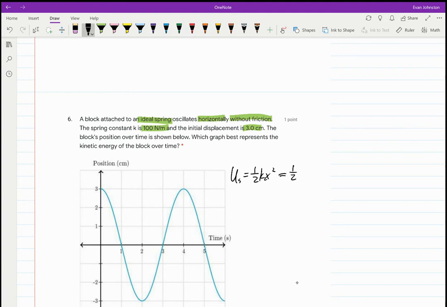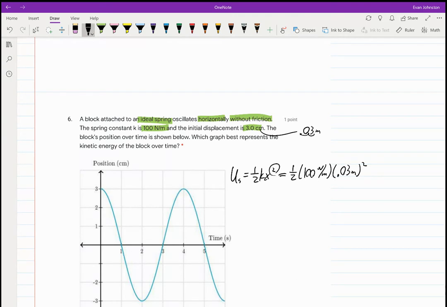I'd have 1/2. Well, then we have 100 newtons per meter. And then we don't want to have this in centimeters, but 3 centimeters, that's the same as 0.03 meters, because we took the decimal and moved it 2 spots over. So 0.03 meters, and we got to square that.